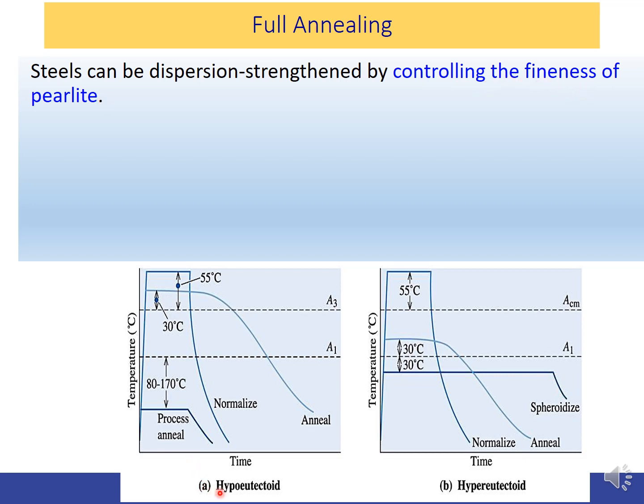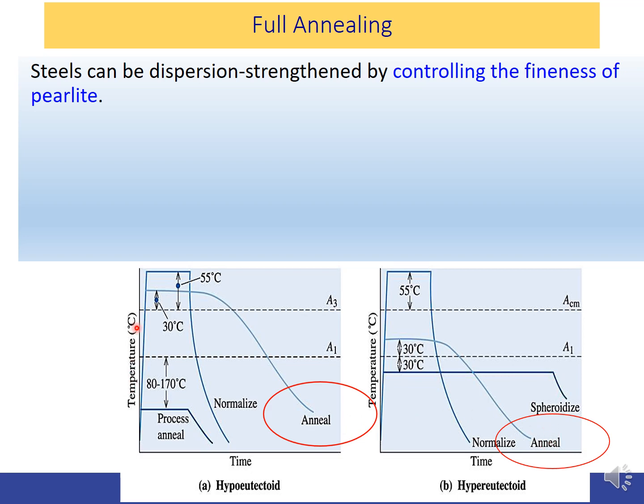For example, for hypoeutectoid steel, the microconstituent at room temperature will be proeutectoid alpha or ferrite plus pearlite. So with the full annealing process, we can control the size of the pearlite and in turn control the mechanical properties of the material.